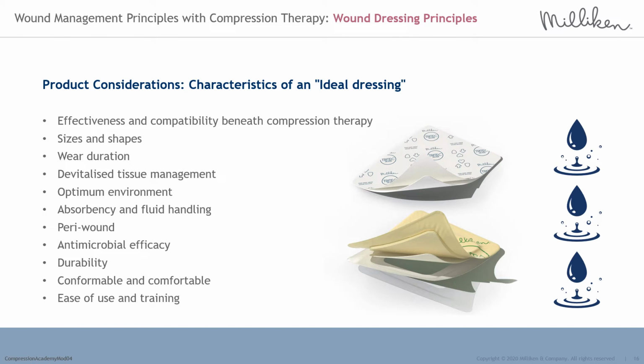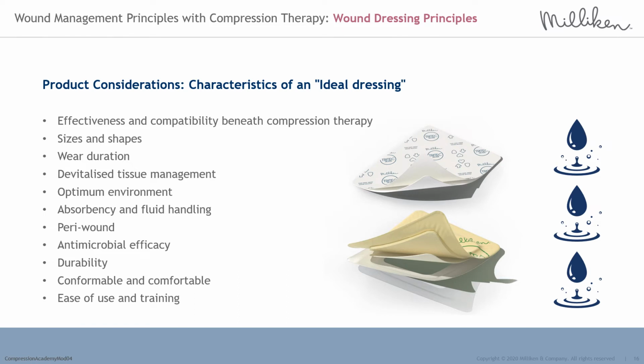Our wear time expectation. If we expect our patient to be in compression therapy for 7 days, then we need dressing materials that are durable enough 7 days beneath the compression. This is important for clinical cost efficacy and also maybe for reimbursement. We want dressings that are able to de-slough and debride devitalised tissue whilst compression therapy is in place.